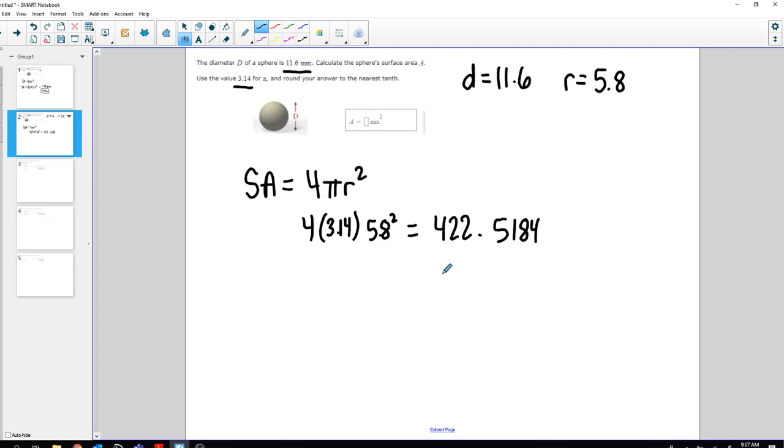I'm still rounding to the nearest tenth, so I have 1 decimal place. Because that number afterward is 4, smaller, my answer is going to stay where it's at. So 422.5, and again they already have the units, so I just have to type that number in. I don't have to worry about adding any units to it.